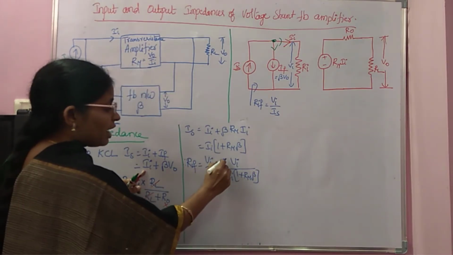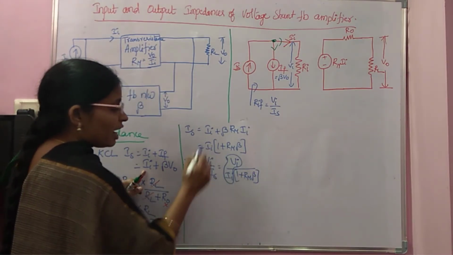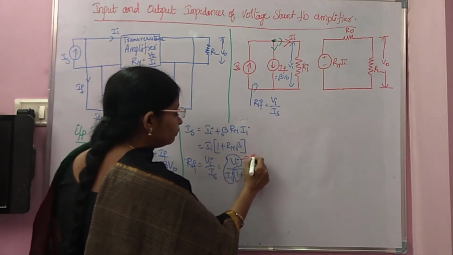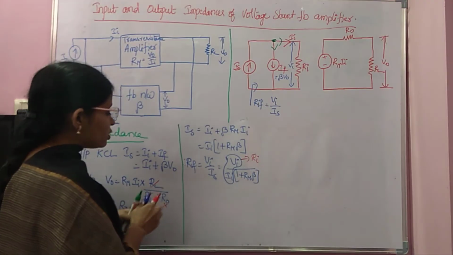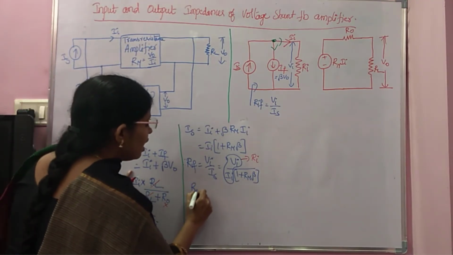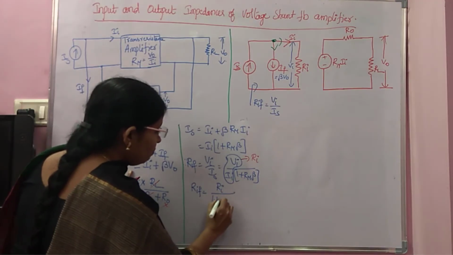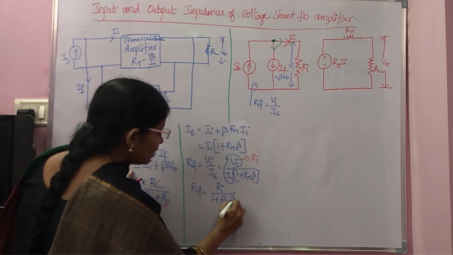So what is this Vi by Ii? It is nothing but Ri. So totally Rif is equal to Ri by 1 plus Rm beta.